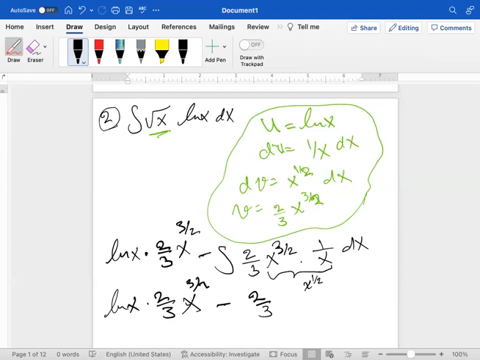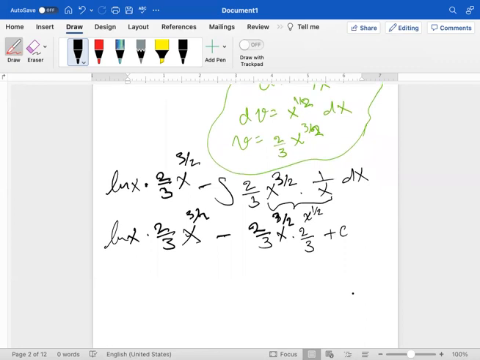Now the integration of x to the power 1/2 is going to be x to the power 3 over 2. Just add 1 to the power, and when I divide by the new power, I'll simply multiply again by 2 over 3, plus c.